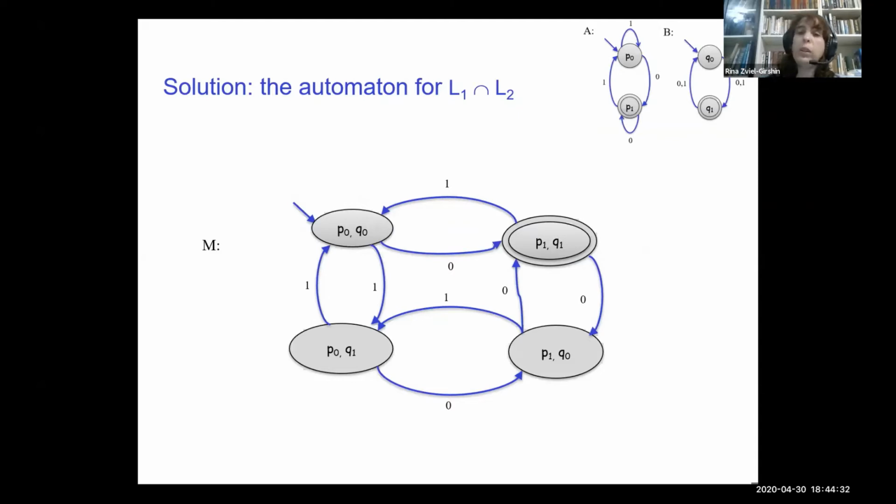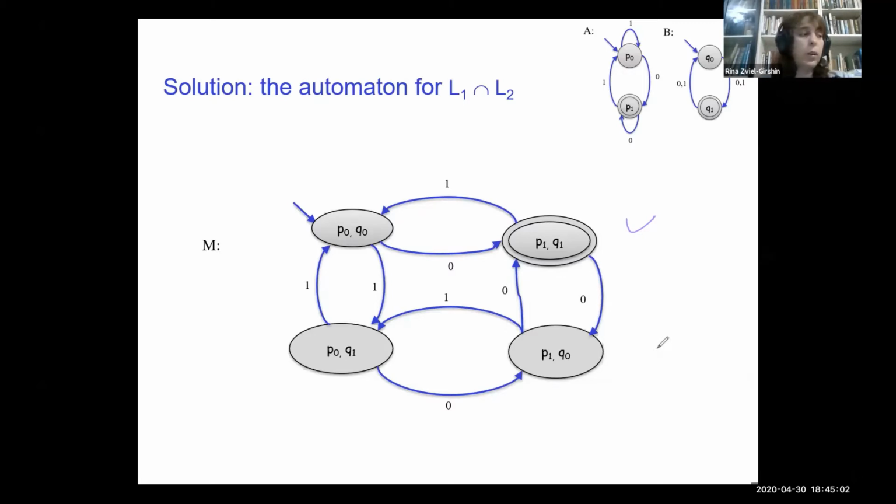But now the only difference is that we have only one accepting state, P1, Q1, because currently if I want to accept the word, I need the word to be accepted by both automata, by automaton A and by automaton B. So basically I need to finish reading or accepting the word at state P1, Q1.